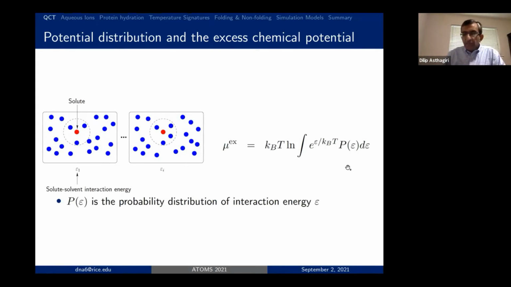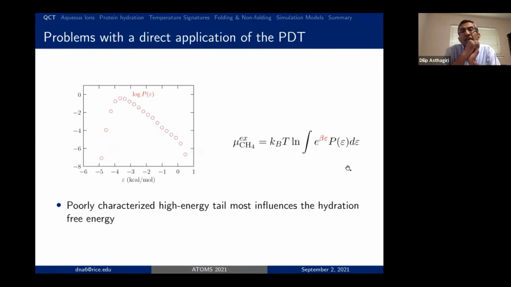As you might know, a direct application of this relationship always runs into problems, and this is a well-known idea. It happens because of the following feature. Notice that with the exponential weighting, the high energy tail is required, but it is precisely the high energy tail that is poorly sampled in a simulation.